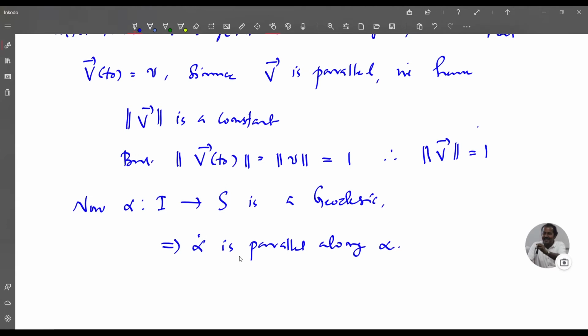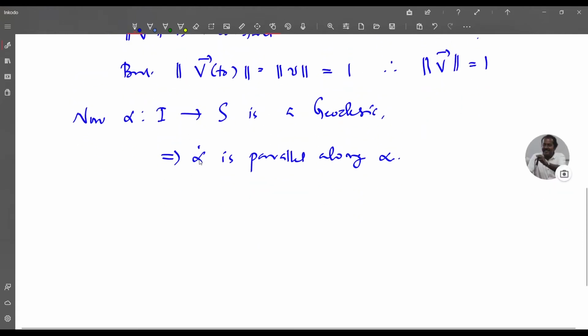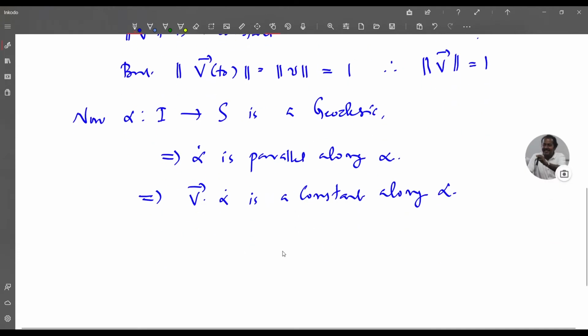So covariant acceleration is 0, so alpha dot is parallel along alpha. Alpha dot dash is 0. So this implies V dot alpha dot is a constant along alpha, since alpha dot is parallel along alpha and V is parallel.